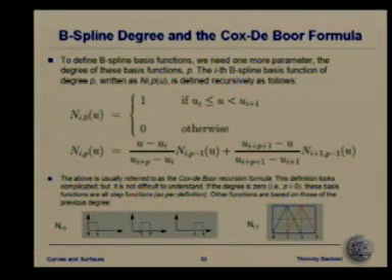Look, a picture is worth a million words. This is the series of Cox-de Boer formulas for degree number 0, attached to control point number 1, control point number 2, control point number 3. This is the Cox-de Boer formula for degree 1.